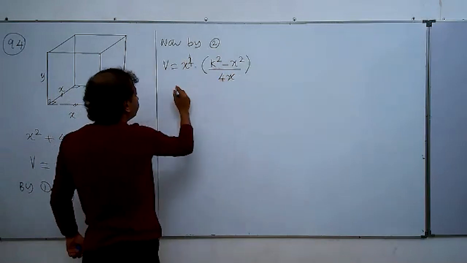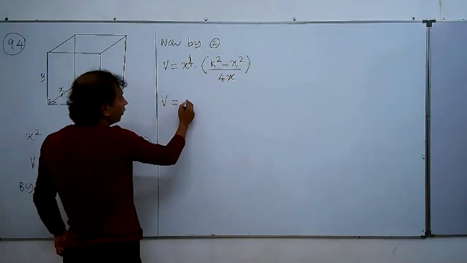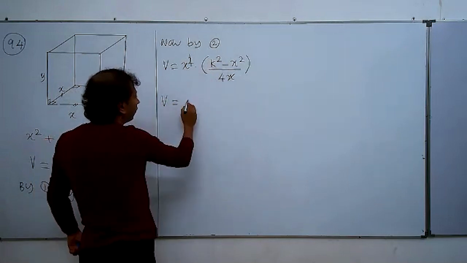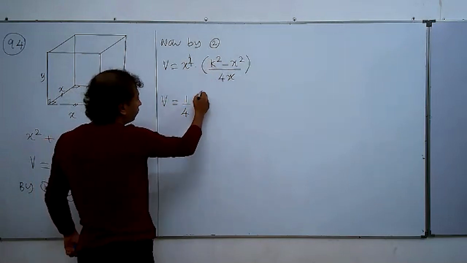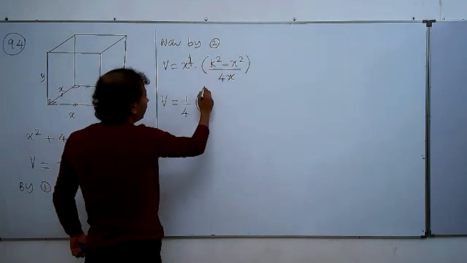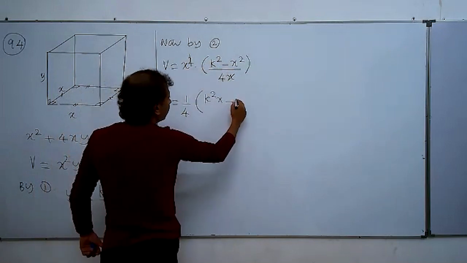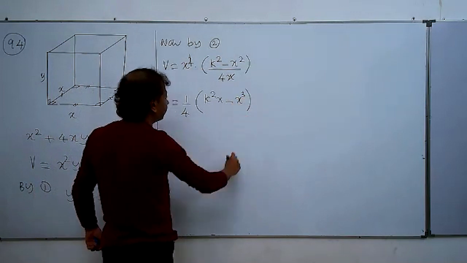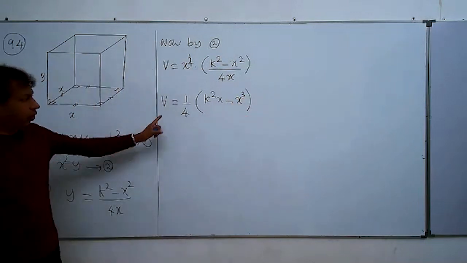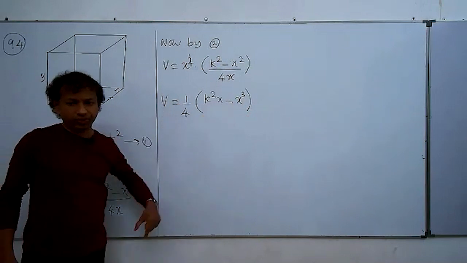Take this 4 out and bring this x in, 1 upon 4. When you bring this x in, we get k squared x minus x, and this x squared times x is x cubed. Then you can see the volume V is a function of x.